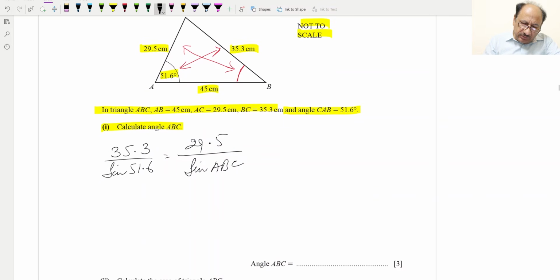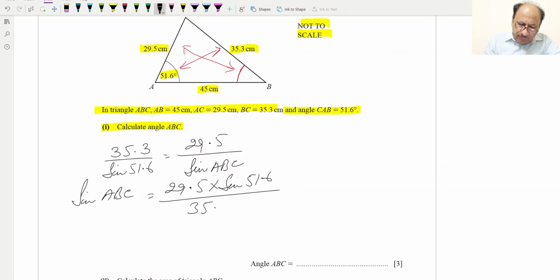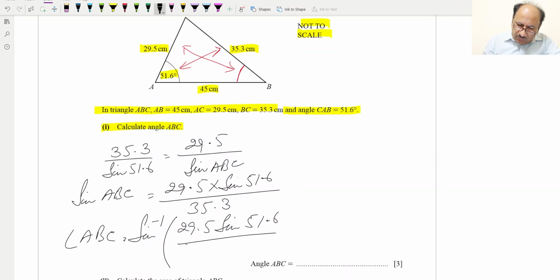Now we can cross multiply, or we can make sine ABC the subject, and this will be equal to 29.5 into sine of 51.6 divided by 35.3. So now we can shift the sine to the other side. So angle ABC will be equal to sine inverse of this whole value, 29.5 sine of 51.6 divided by 35.3.